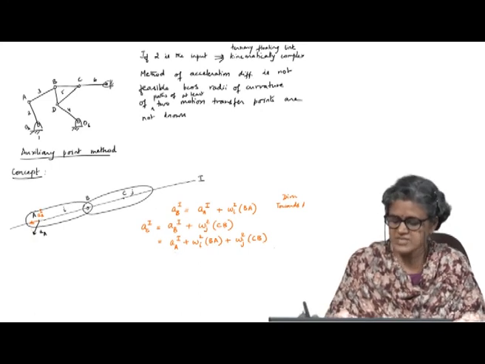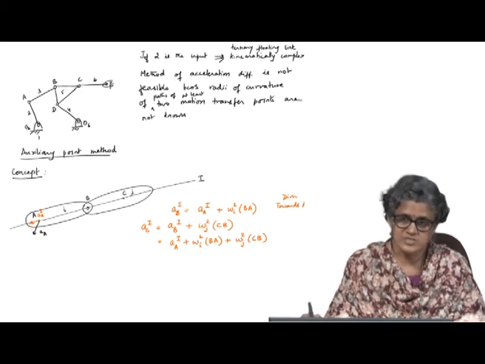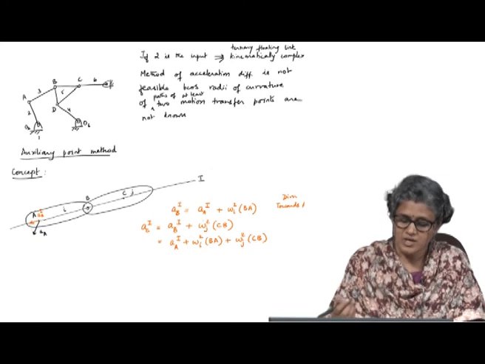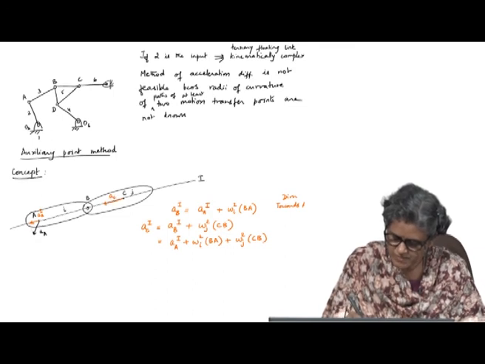Again, all these are known from the velocity analysis, because once you know the velocities, you can find them. So, I know one component. So, let us say now from here I calculate AC along 1.